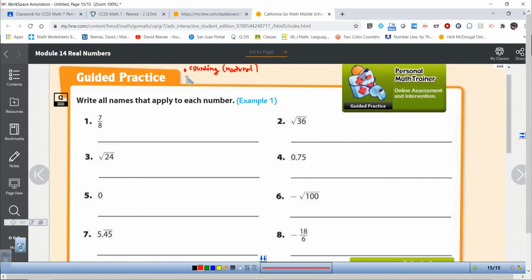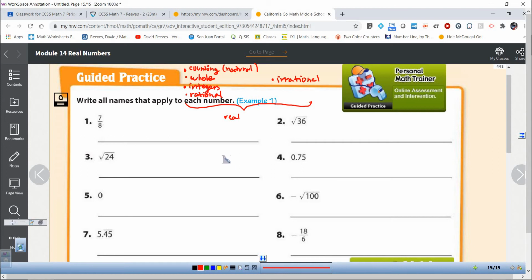And then we have whole numbers. And then we have integers. And then we have rational numbers. And then over here, I'm going to put irrational because they're in their own separate category. If it's irrational, it's none of these. And then all of those together are real numbers.